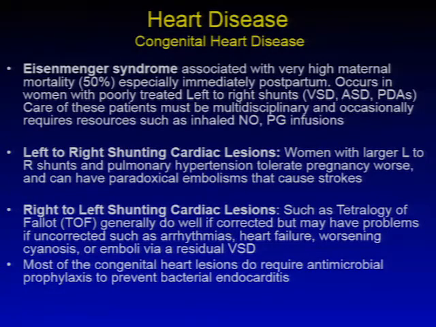Right to left shunting cardiac lesions such as tetralogy of Fallot generally do well if corrected, but may have problems if uncorrected, such as arrhythmias, heart failure, worsening cyanosis, or emboli via residual VSD. And most of the congenital heart disease lesions do require antimicrobial prophylaxis during delivery to prevent bacterial endocarditis.